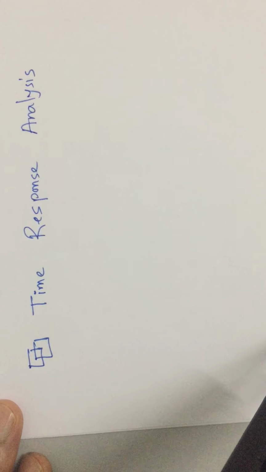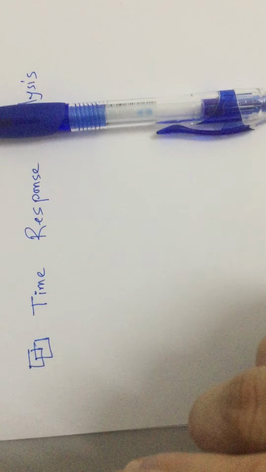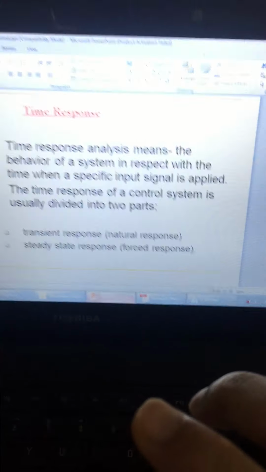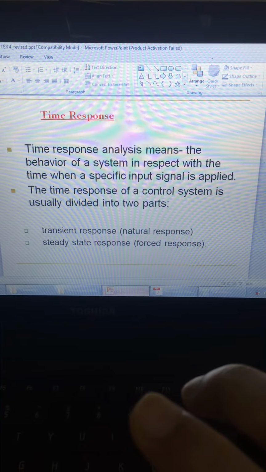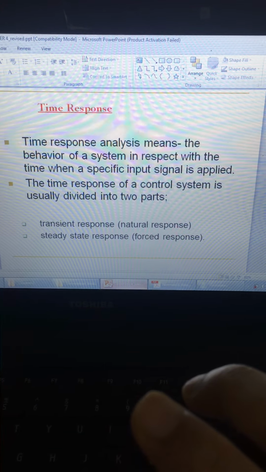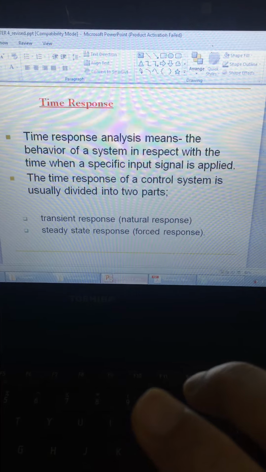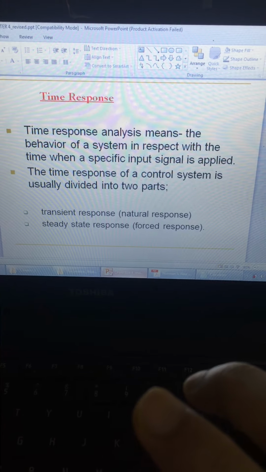If we elaborate a bit more, I have written on your slide, you can check from here, the time response analysis means the behavior of a system with respect to time when a specific input signal is applied.